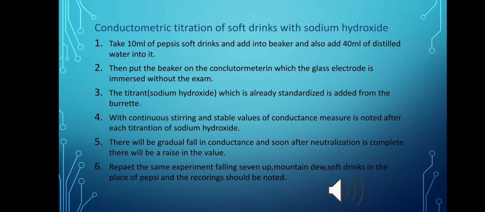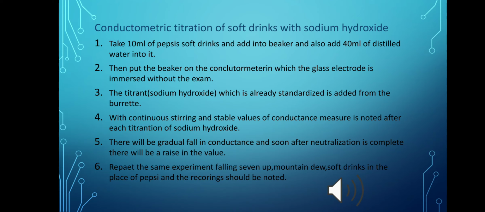Conductometric titrations of soft drink by using sodium hydroxide. Step 1: preparation of standard oxalic acid solution and calculate the molarity of the oxalic acid solution. Step 2: preparation of secondary standard solution of NaOH and calculate the molarity of NaOH.